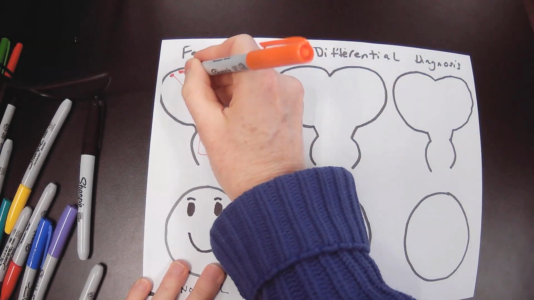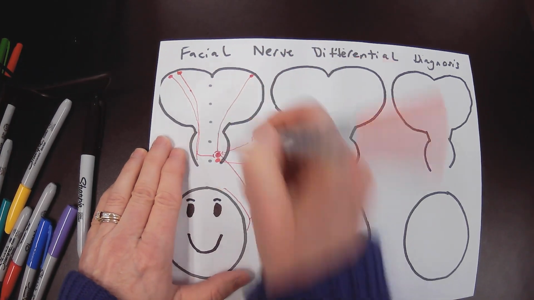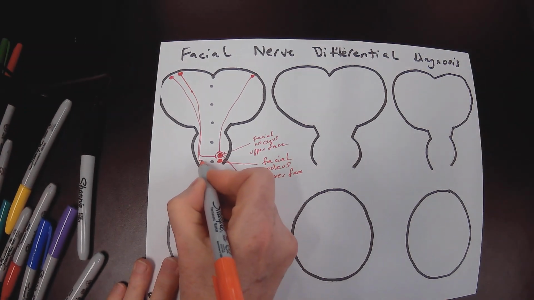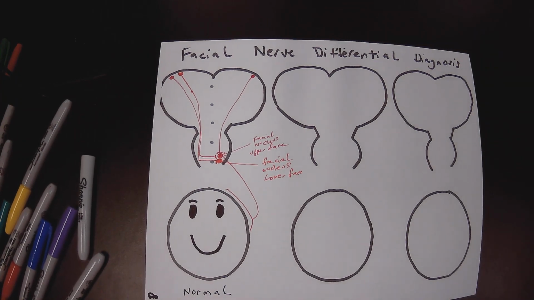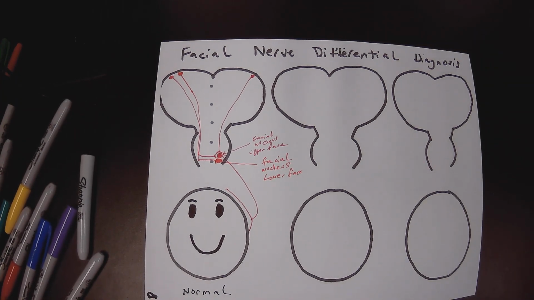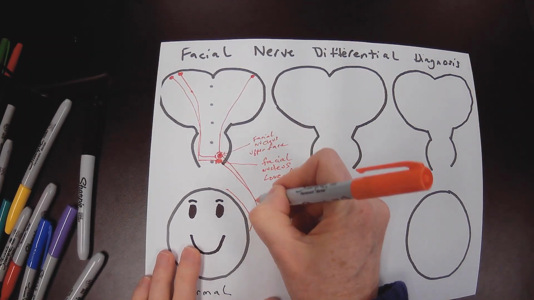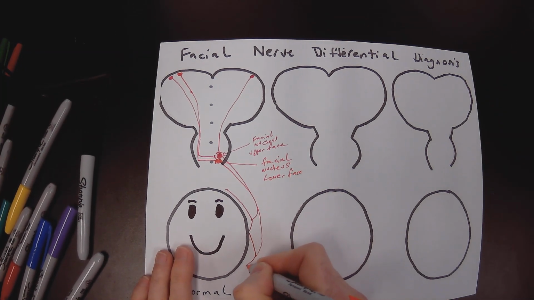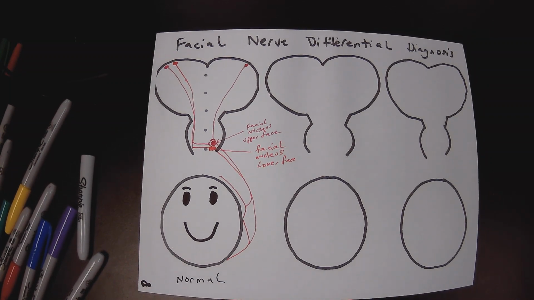That contralateral upper motor neuron sends out an axon that travels all the way down to the level of the lower face facial nucleus and decussates at that level. So it's only innervated contralaterally, and then it sends out axons that are responsible for innervating the lower portion of the face in a normal situation. Okay, lower face is only contralateral.